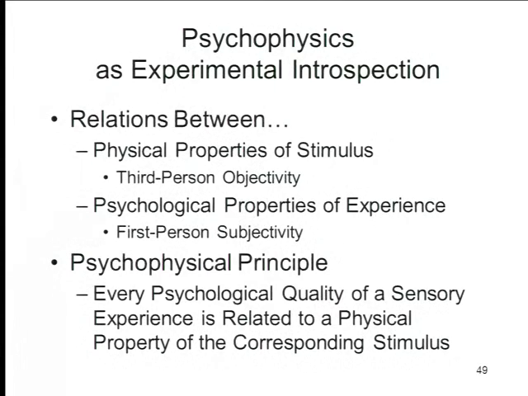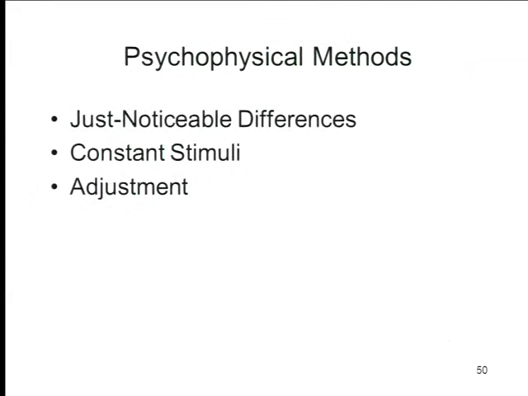And the psychophysicists, Weber, Fechner, and so on, developed a whole host of techniques for studying these psychophysical relations, techniques that are still used in laboratories today. Okay, so like what, for example? A lot of early psychophysics focused on the idea of thresholds.